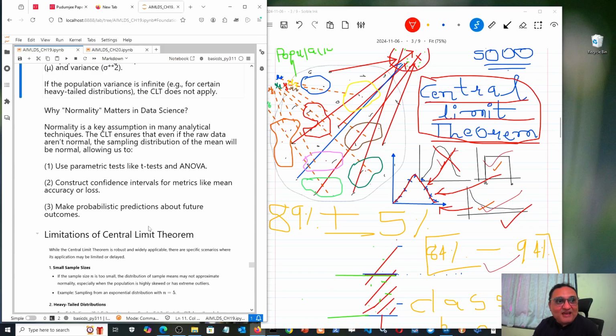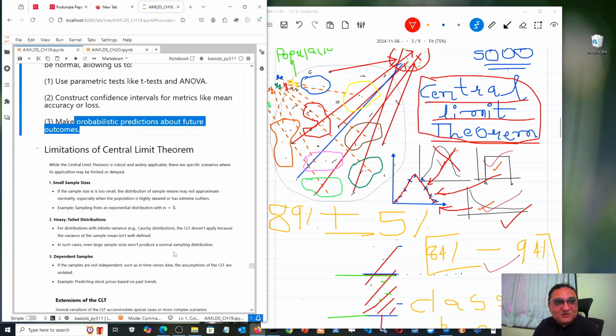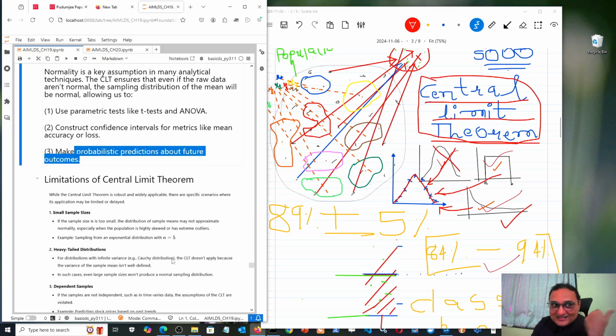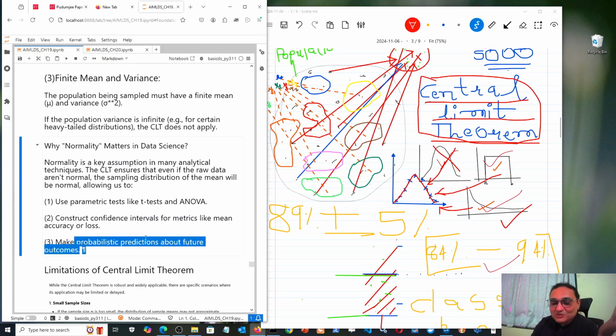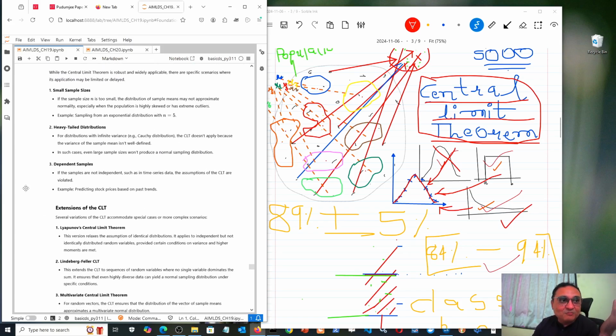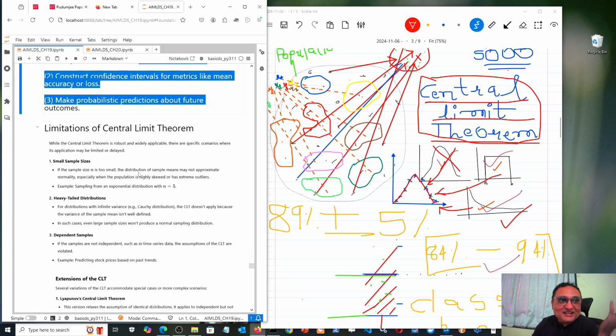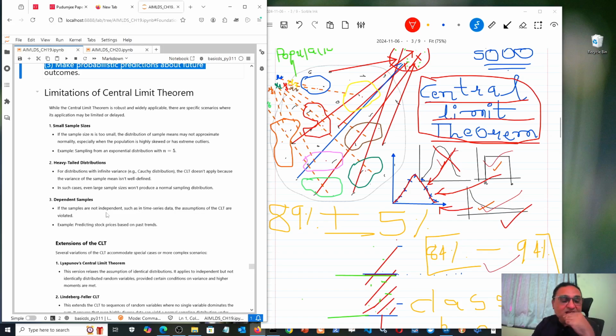That means you will not be able to use the t-test, ANOVA, construct confidence intervals, or calculate probabilistic predictions. When I say you will not be able to, you can do it, that is fine, but the results will no longer be sufficiently accurate. If the data points are dependent on each other, then this will no longer be applicable, right?